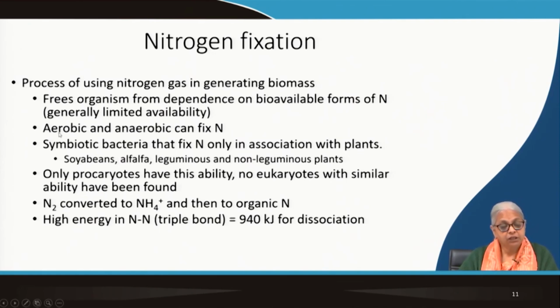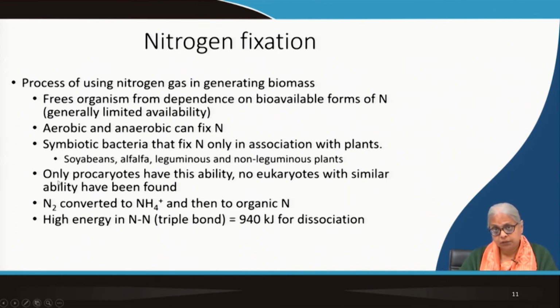And you can have aerobic as well as anaerobic bacteria that are capable of fixing nitrogen. You can also have symbiotic bacteria that fix nitrogen only when they are associated with certain plants. So, soybeans, alfalfa, leguminous as well as non-leguminous plants are known to have symbiotic relationships with nitrogen fixing bacteria.